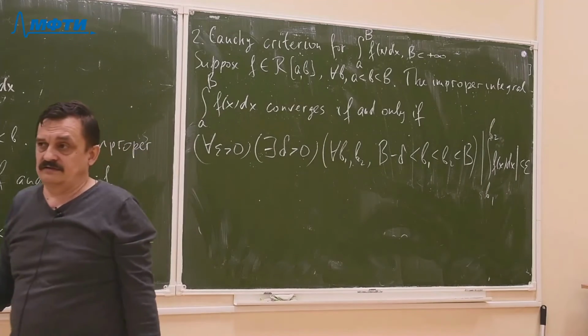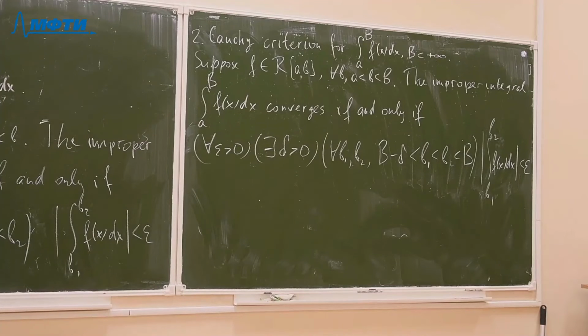So once again, those Cauchy criteria are precisely immediate consequences of the Cauchy criterion for the limit of a function. You consider the definition of improper integral. The definition says that the improper integral is the limit of a function. Which function? Integral with variable upper limit.